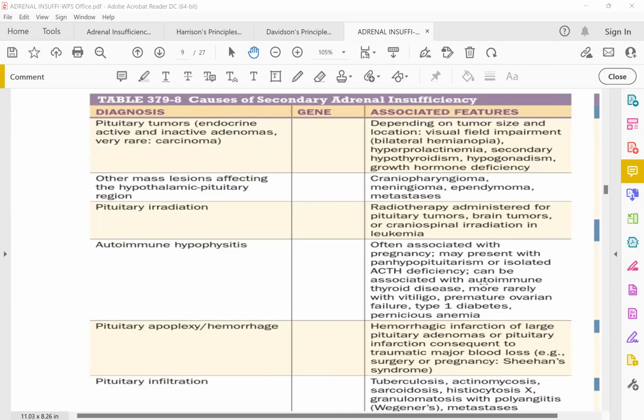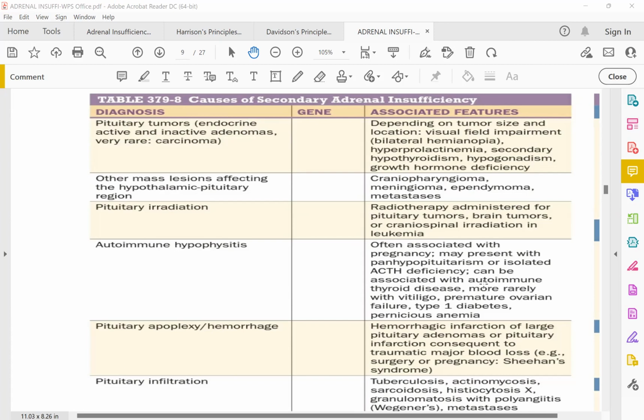And also pituitary hemorrhage like pituitary apoplexy; the causes are traumatic injury, major blood loss, or after surgery, or after parturition, which leads to Sheehan's syndrome. Others include pituitary infiltration: the causes are granulomatosis, metastasis, sarcoidosis, and tuberculosis. These are the secondary causes of adrenal insufficiency.